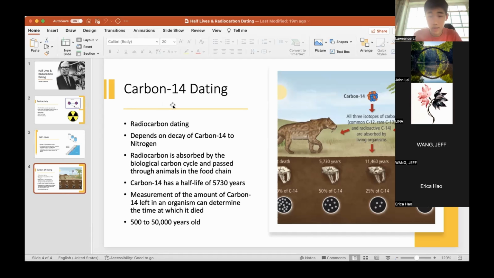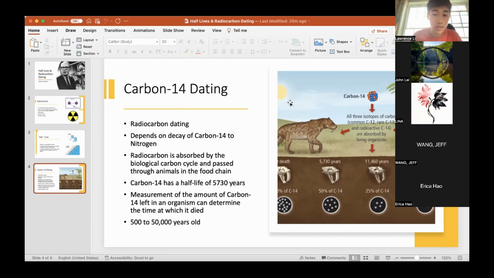Over time, given hundreds or thousands of years, the carbon-14 in their body decays away. It goes from 50% of the original to 50% of the 50%, to 50% of the 50% of the 50% of the original. So over time, the carbon-14 in the dead organism decreases.